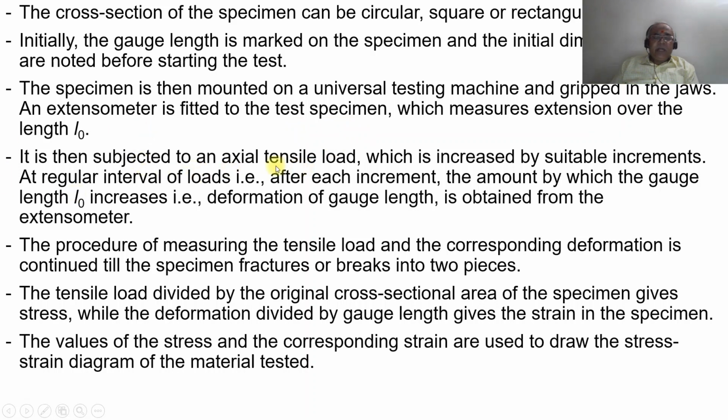It is then subjected to an axial tensile load, which is increased by suitable increments at regular intervals of load. After each increment, the amount by which the gauge length L0 increases, that is, the deformation of the gauge length, is obtained from the extensometer.